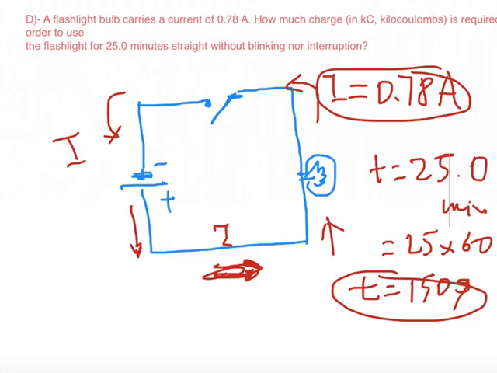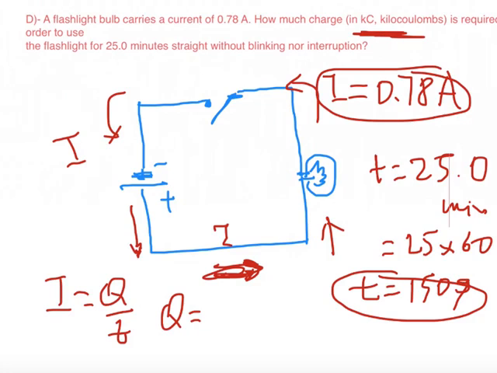We use again the equation I equals Q over T, solving for Q, and it has to be expressed in kilocoulombs. So that means Q equals I times T divided by 1000, because you have to make it in kilocoulombs.